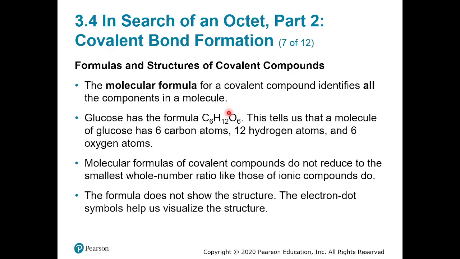Notice that with these molecules, whenever we're talking about covalent compounds, molecular formulas, we do not divide by whatever can divide all the numbers. If you were to write C1H2O1, that's a very different compound. That's actually one of the ketone bodies we had been talking about. And if you have too much of that, you can actually damage your liver.